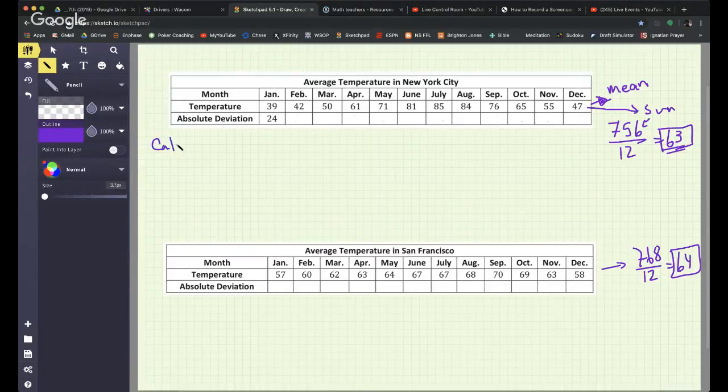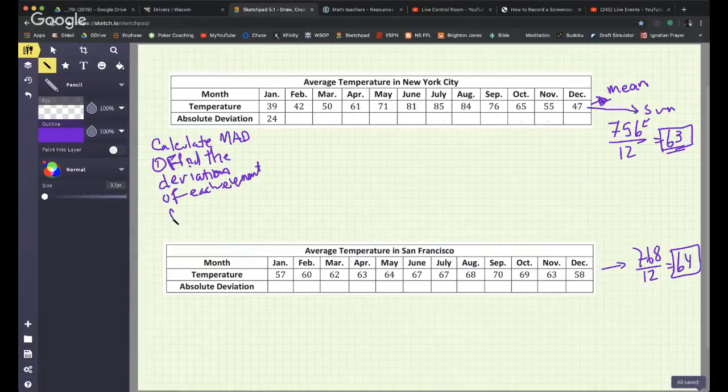To calculate the MAD, you find the deviation of each element from the mean.